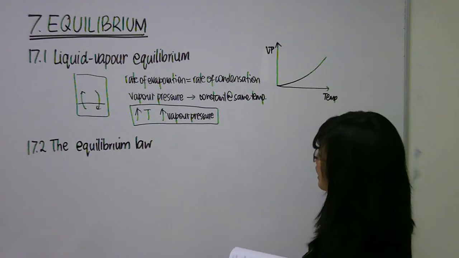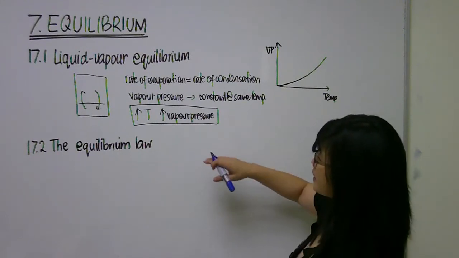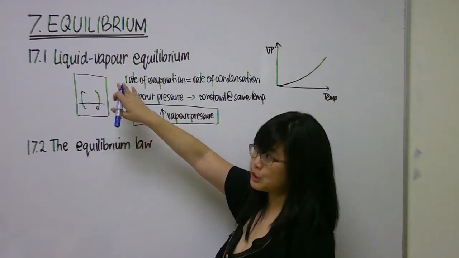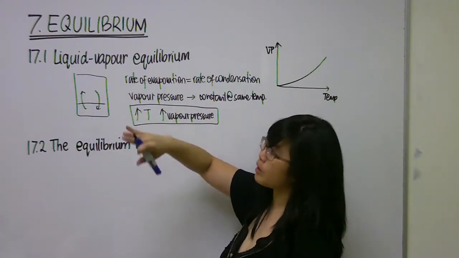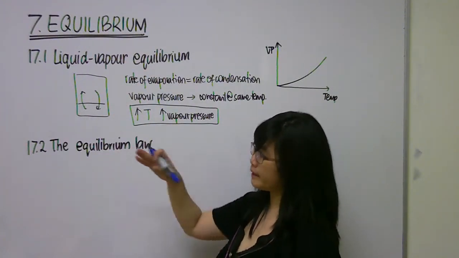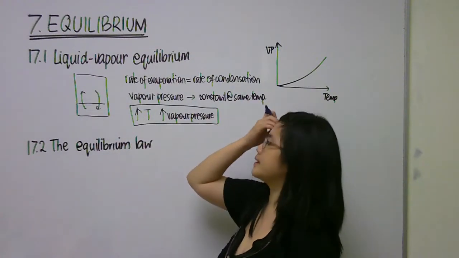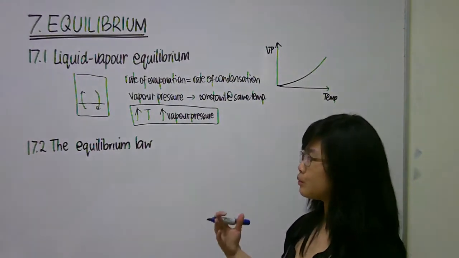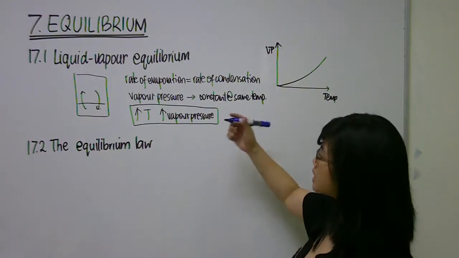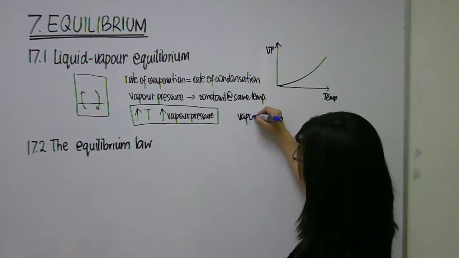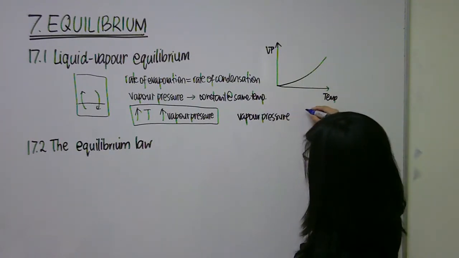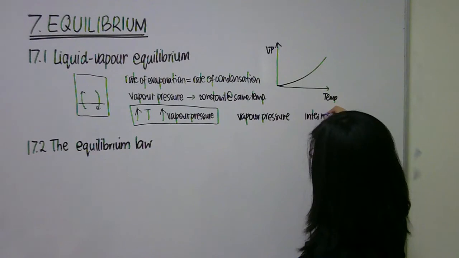Now, if you realize, the vapor pressure is exerted by the gaseous molecules, which means the more gaseous molecules you have in the system, the higher the vapor pressure. You need to explain to your students the link between this vapor pressure and intermolecular forces.